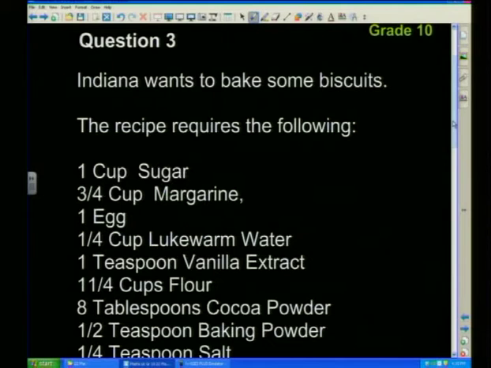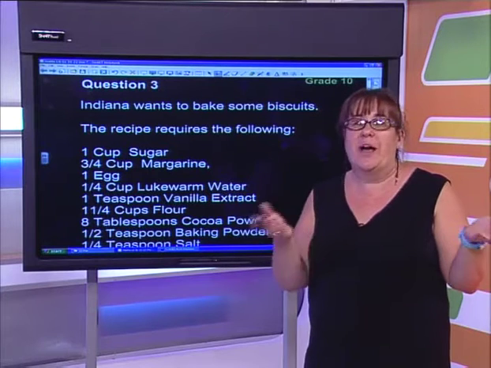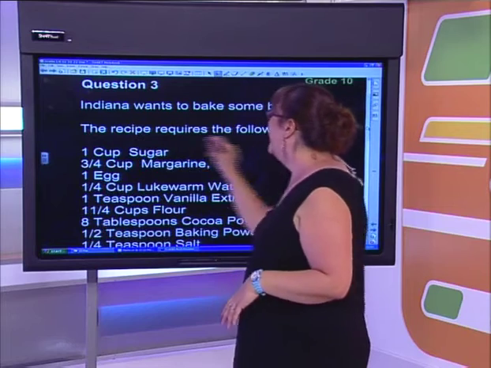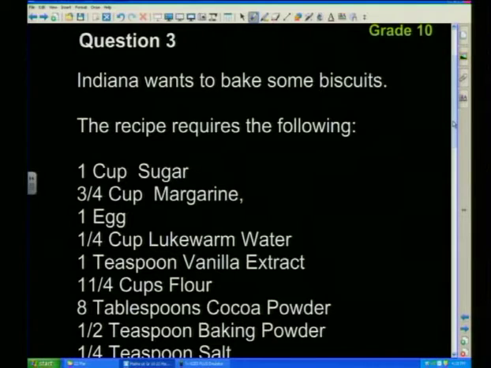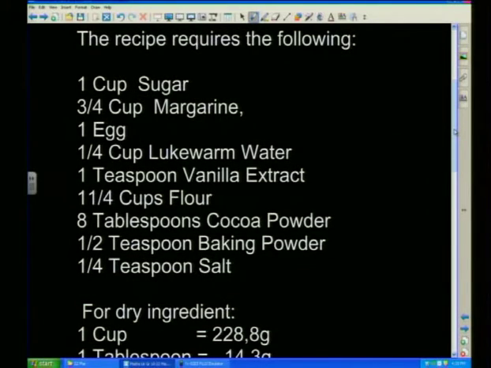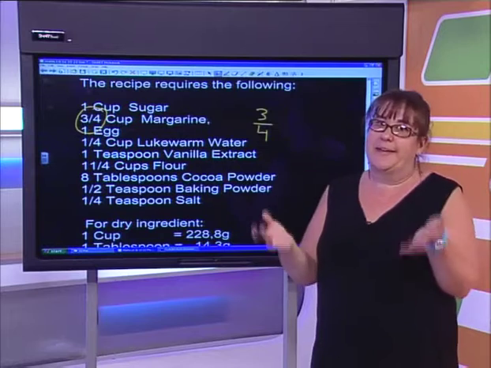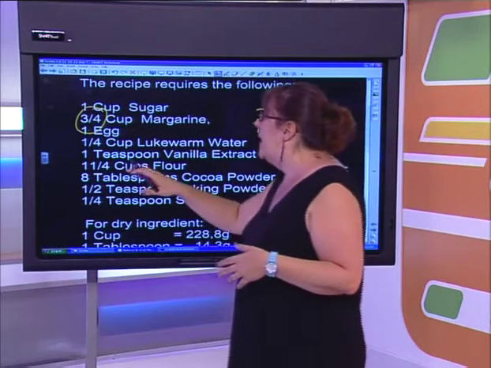So Indiana wants to bake some biscuits. So I'm guessing that this is what we think you're doing while you're recuperating. Exactly. The recipe requires the following. So we've got a cup of sugar, 3/4 a cup of margarine, egg. Remember that 3-4 is actually 3/4. So that's one thing that you might not have seen if you're not bakers and cooks.